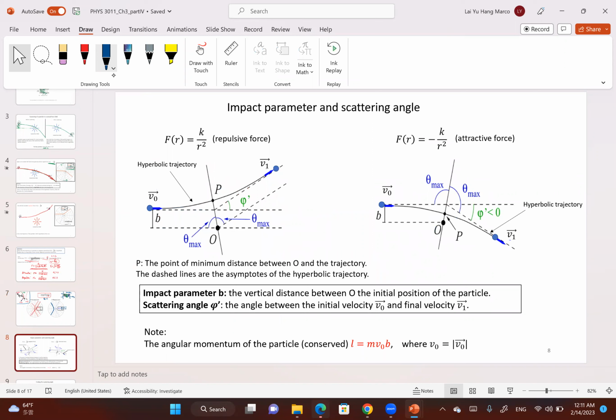So now let's get back to our original goal. Our original goal is that we want to find out V1, given this V0 and this B.